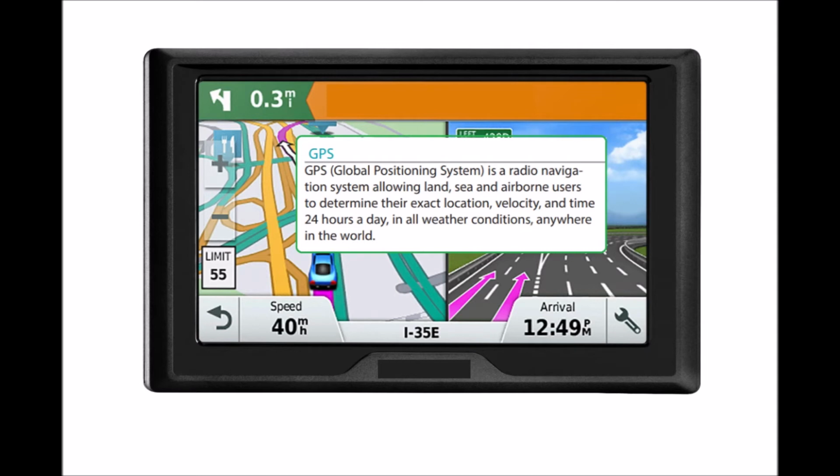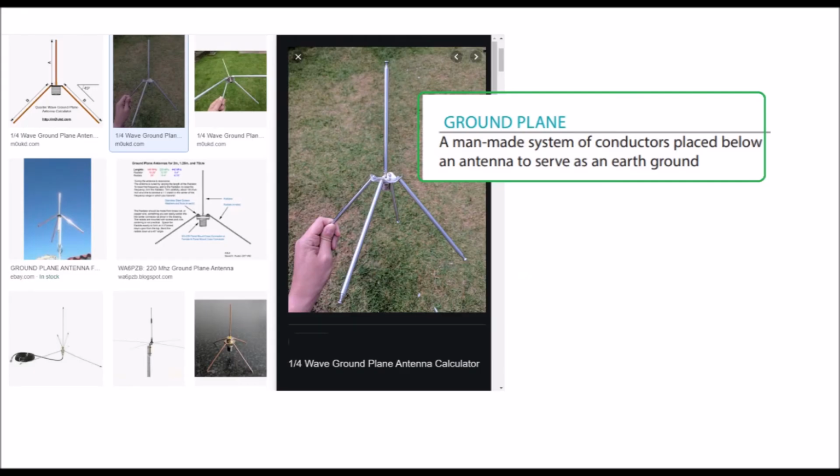GPS, Global Positioning System, is a radio navigation system allowing land, sea, and airborne users to determine the exact location, velocity, and time 24 hours a day in all weather conditions anywhere in the world. Ground plane: a man-made system of conductors placed below an antenna to serve as an earth ground.